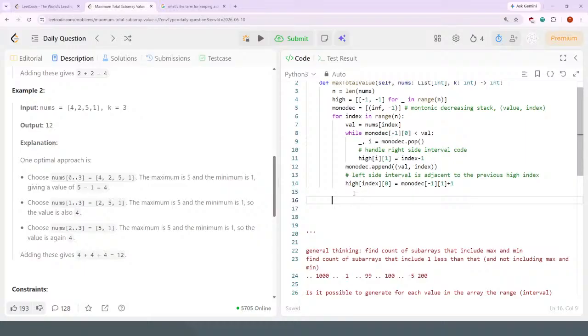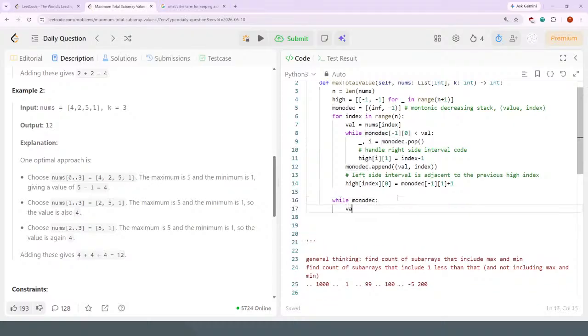So I think it's going to be while monodeck has anything, value and index pops from it.